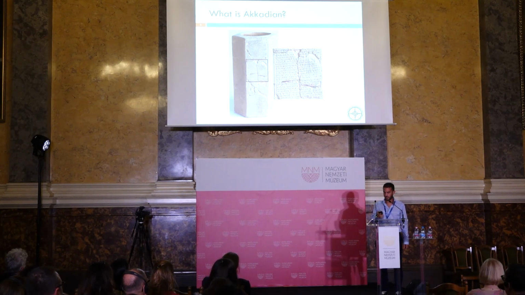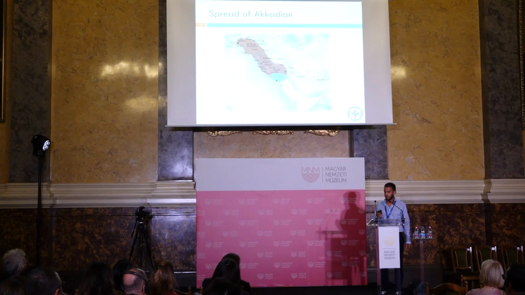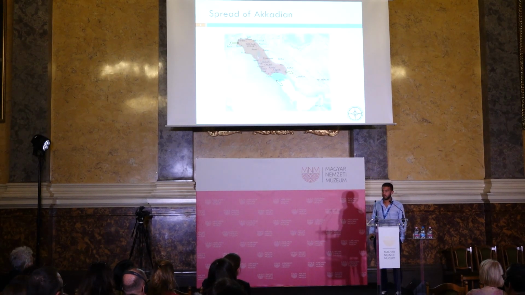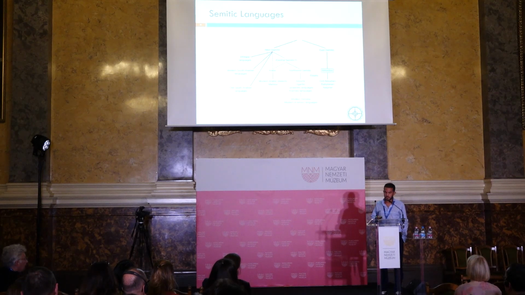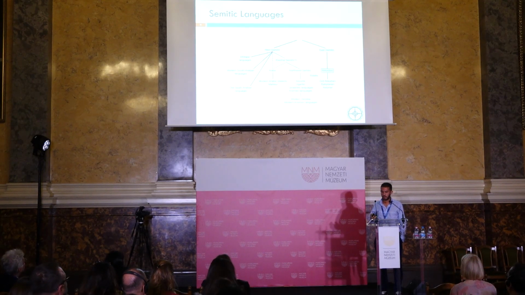Okay, maybe now you hear me even better. Okay. So Akkadian was in ancient Mesopotamia, all over the area. And it's a Semitic language. It's specifically an East Semitic language.